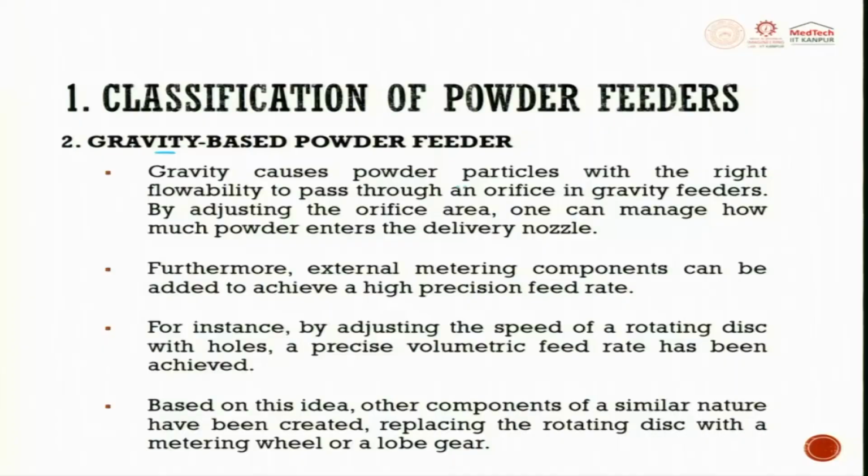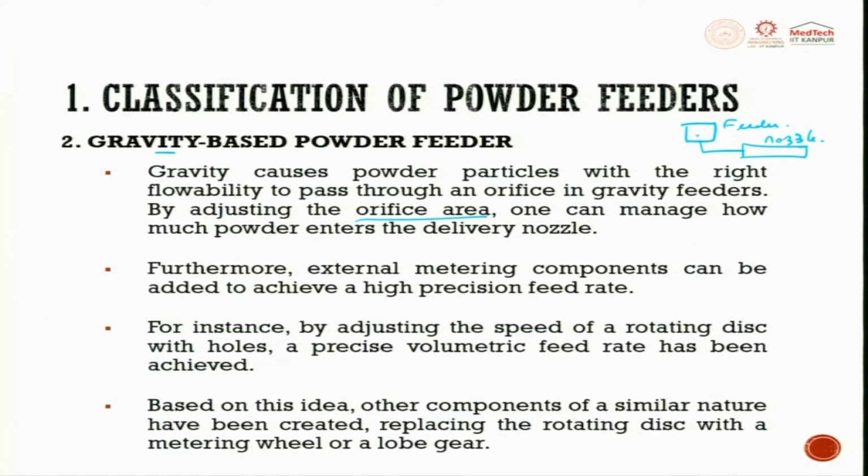Gravity causes powder particles with the right flowability to pass through an orifice in gravity feeder. By adjusting the orifice area, one can manage how much powder enters the delivery nozzle. So, what does it mean? You have powder feeder. This will lead to a nozzle.